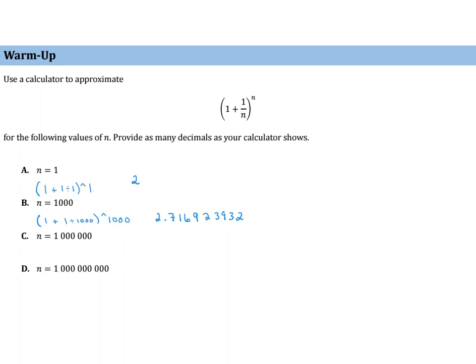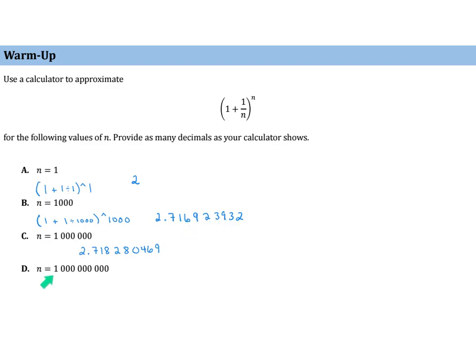So what do we get? If n equals 1 million, we obtain 2.718280469. Now notice this number that we just obtained is only slightly different than the number that we had obtained previously.